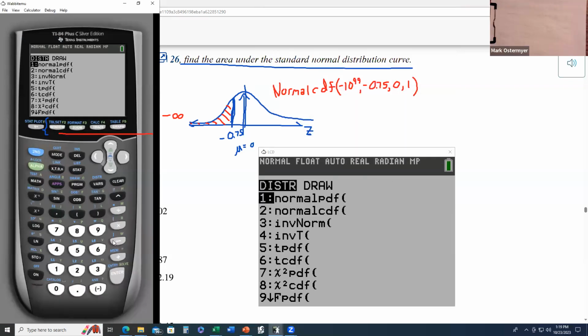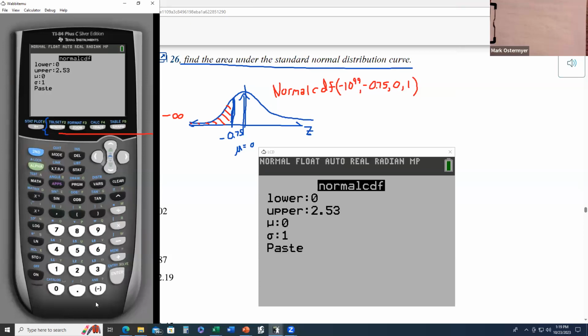Second vars, normal CDF. Lower endpoint is negative infinity, which is negative 10 raised to the 99th power. Upper endpoint is negative 0.75. The mean and standard deviation are 0 and 1, since it's the standard normal distribution.